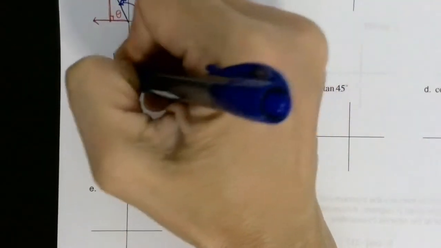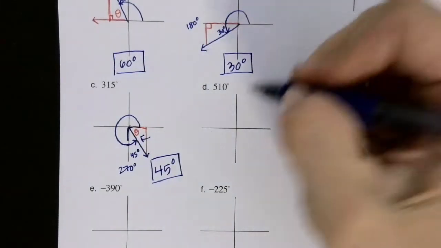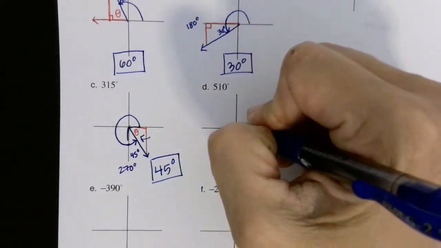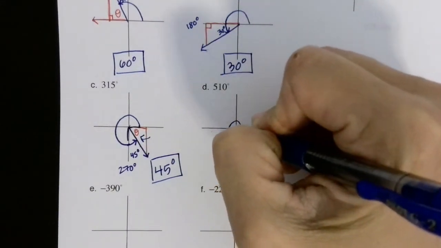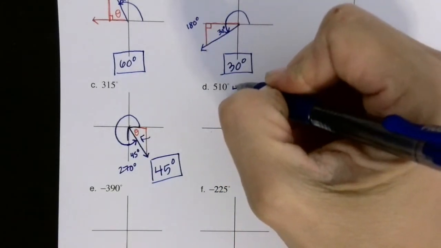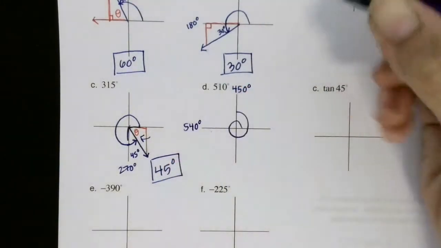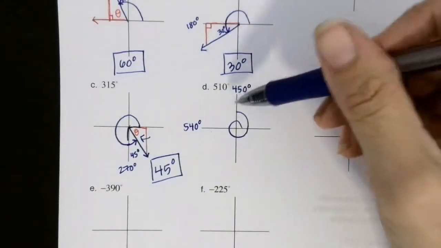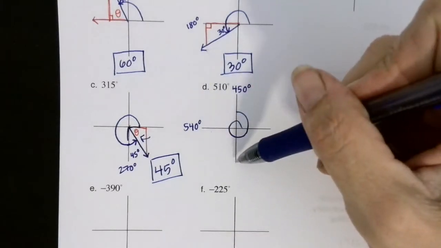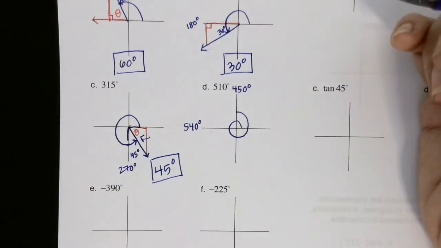Okay, so just making some angles right now, just connecting it to the x-axis. Ooh, 510. One trip around the circle is 360, so I know I'm bigger than that. So 90, 180, 270, 360. This right here is 450, and this one will be 540. I'm using that trick that I go by multiples of 9: 9, 18, 27, 36, 45, 54. This would be 63, and then I just throw a 0 on because it's in the hundreds.